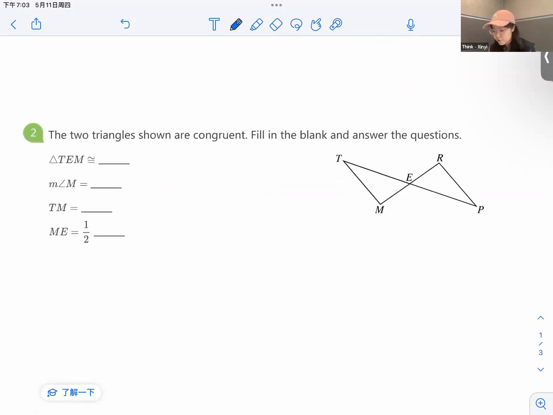The two triangles shown are congruent, and let's fill in the blank and answer the questions. So we have triangle TEM, so do pay attention here. We need to match TEM to PER, okay?